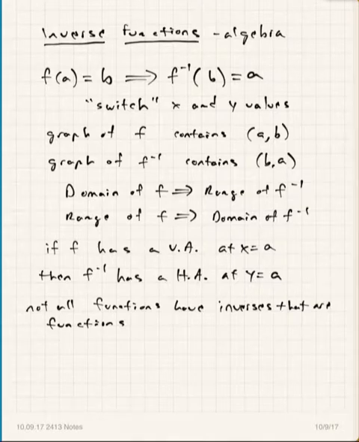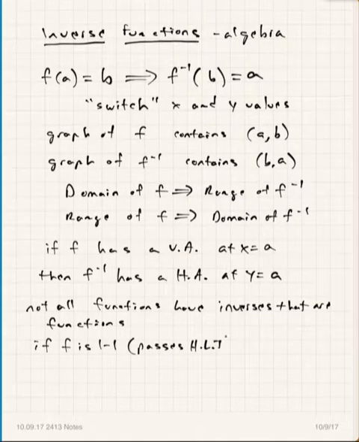And remember how that works: if f is 1-to-1, in other words, it passes the horizontal line test, then f inverse is a function.